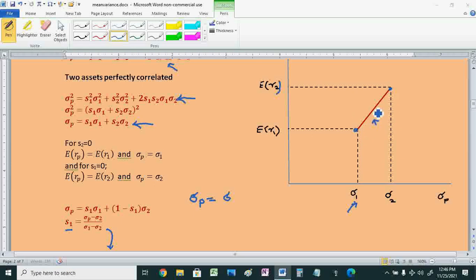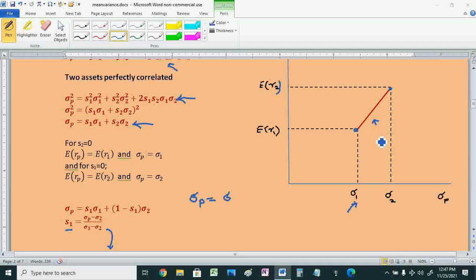Like I told you, we can have infinite possible portfolios by varying these S1 and S2 values, but as a result we will keep on moving along this constant slope line, and this is the shape of the portfolio possibility frontier when we have two assets and the returns on these assets are perfectly positively correlated.